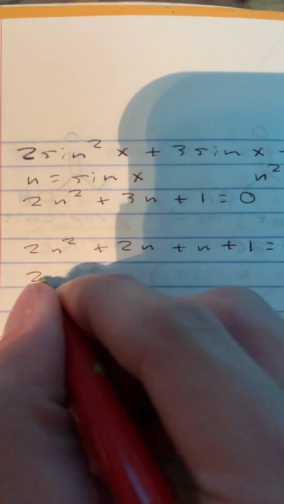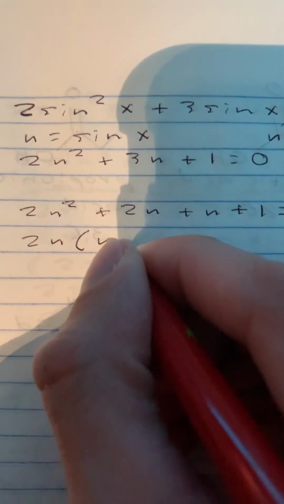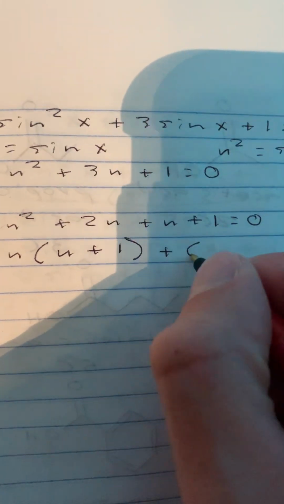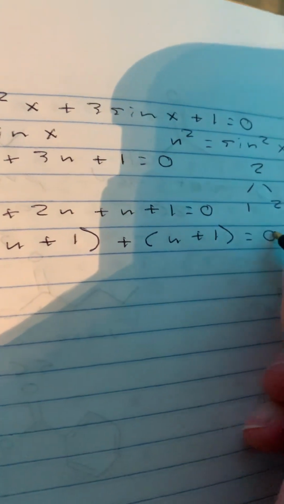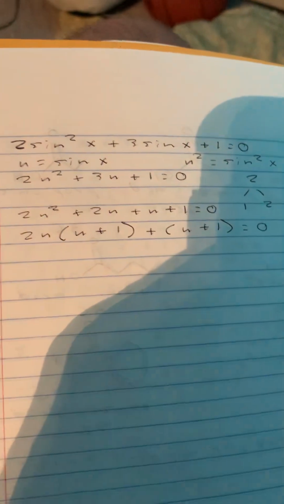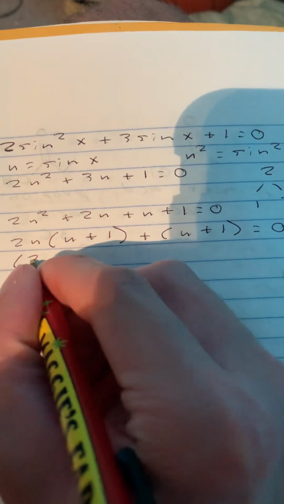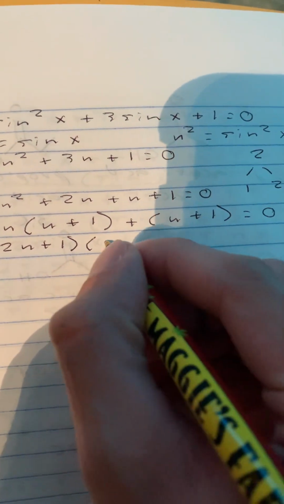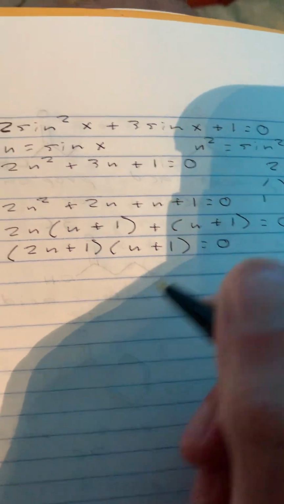And I can take a 2u out of the 2u squared plus 2u, and I get 2u times u plus 1, plus u plus 1, all equal to 0. And then I pull out my factors, which is 2u plus 1 times u plus 1 equals 0.